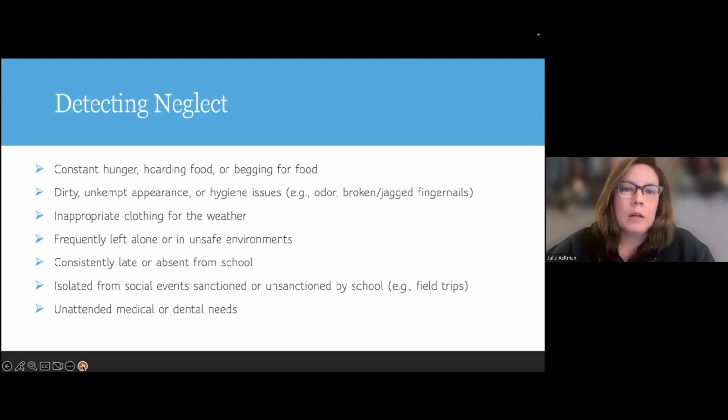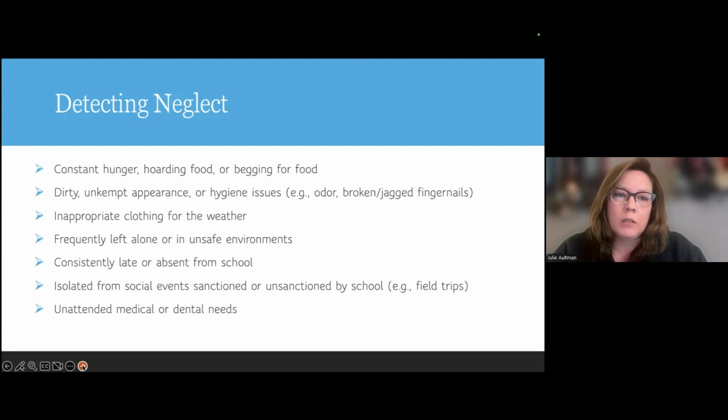And so the first one, constant hunger, hoarding food, begging for food, where you can start detecting nutritional deficits, can help. But where it gets a little tricky in terms of duty to report, and we're going to talk about ethical duties and legal options, the duty to say something can be quite tricky when you see a child that's dirty and unkempt, has hygiene issues.